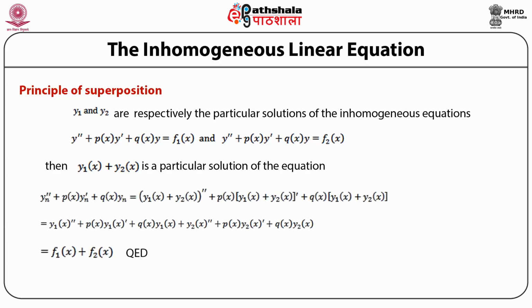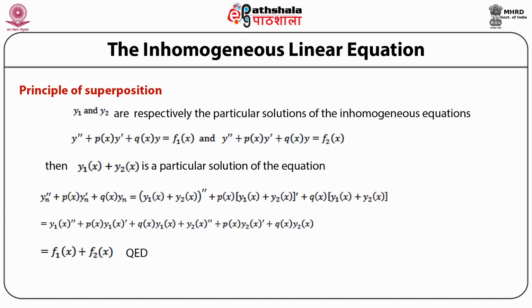Yn double prime plus px yn prime plus qx yn is equal to y1x plus y2 of x double derivative plus px times single derivative of y1x plus y2 of x plus qx times y1 of x plus y2 of x.